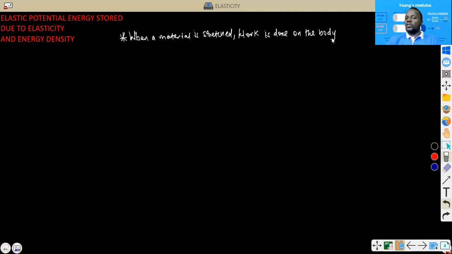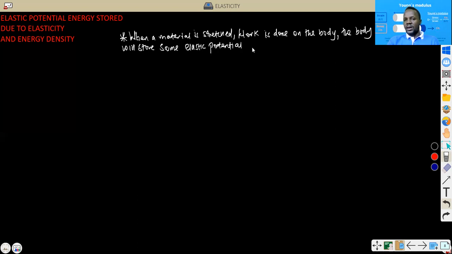And because work is done in moving that material from one position to another, you can also say that the body, please write, the body will store some elastic potential energy.